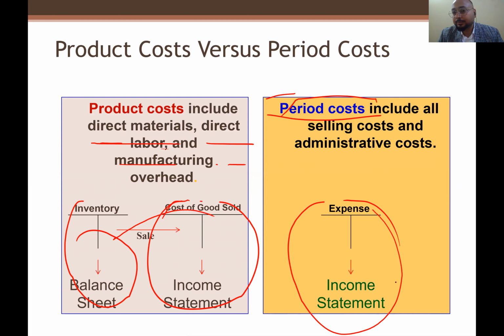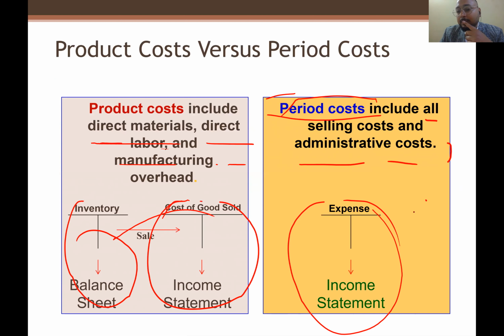income statement. Period cost includes all the selling costs and administrative costs. If you want to relate this, it becomes non-manufacturing costs, and non-manufacturing cost consists of selling and administrative, right? So remember, period cost is like non-manufacturing cost.